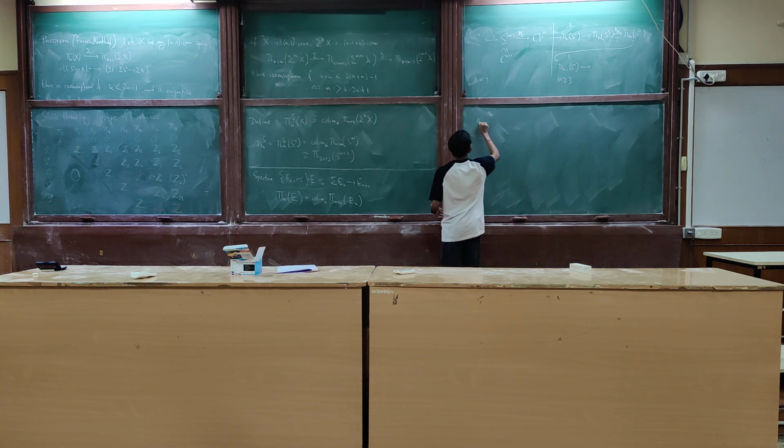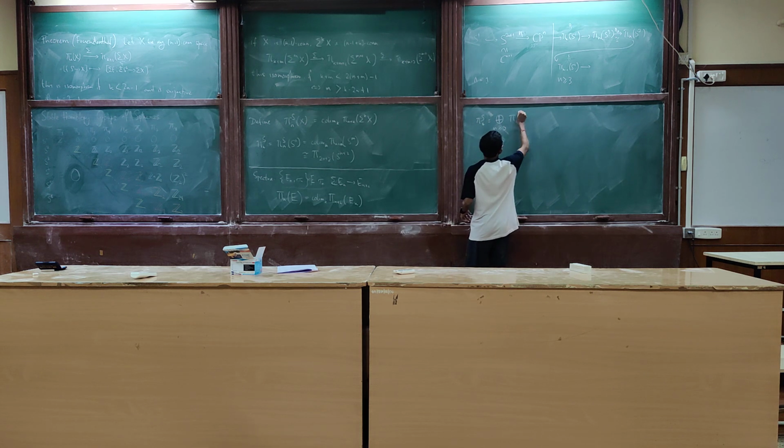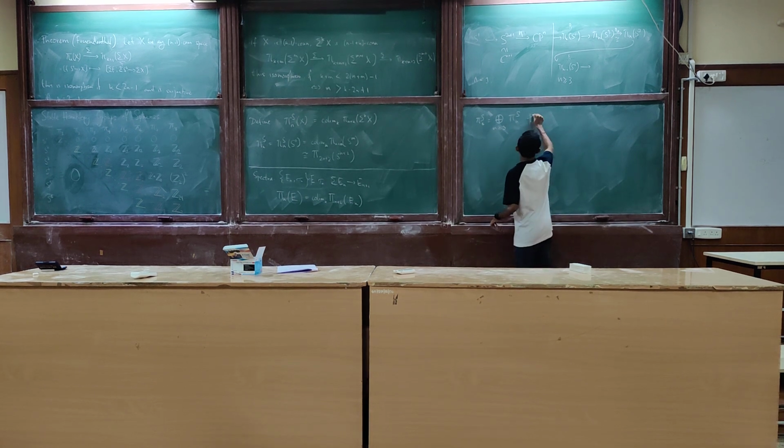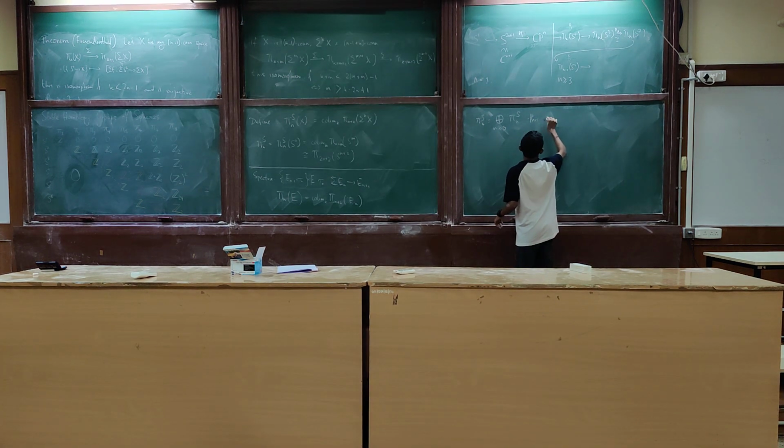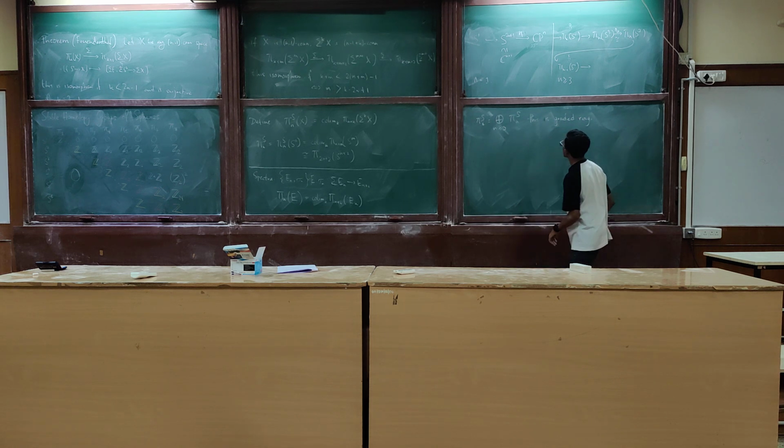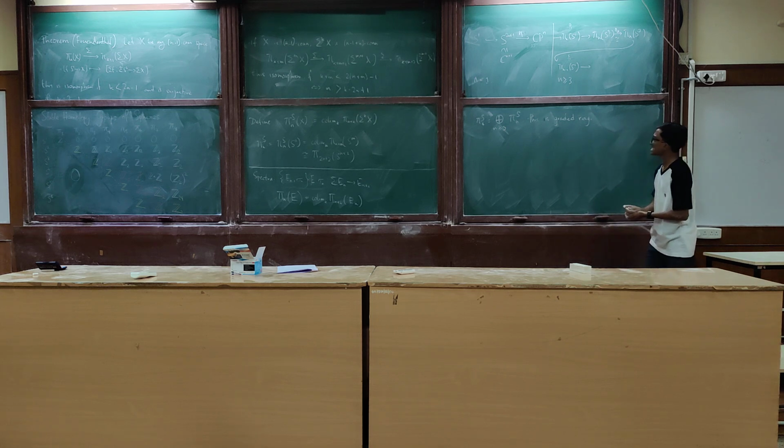So you can define what is called pi star of x. This is simply the direct sum of the pi n of x, and this is a graded ring. The way you define those maps.